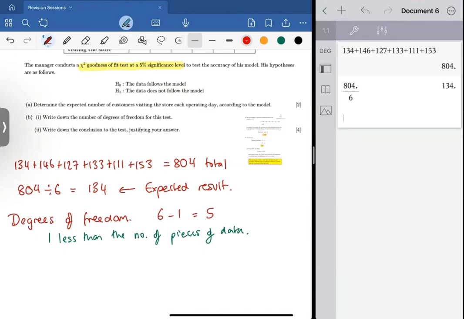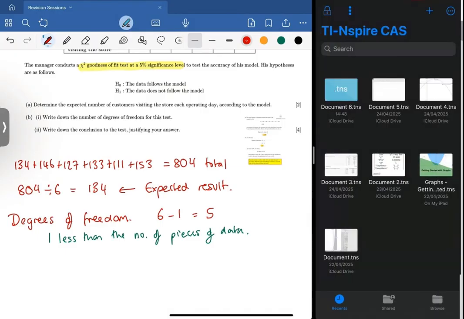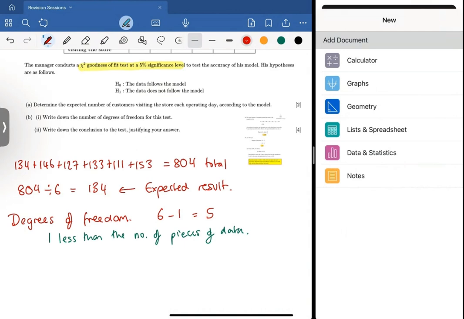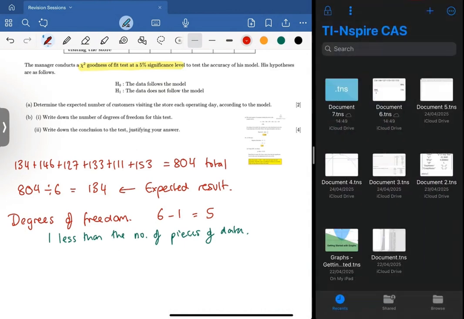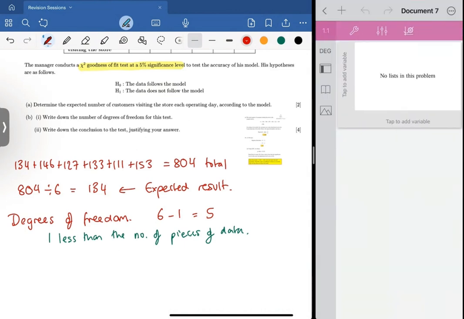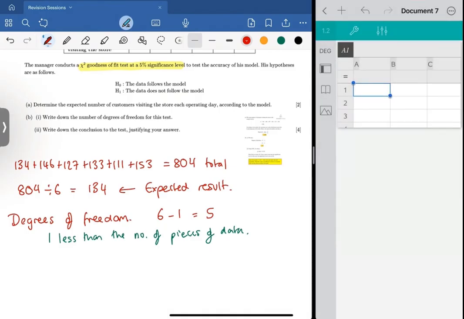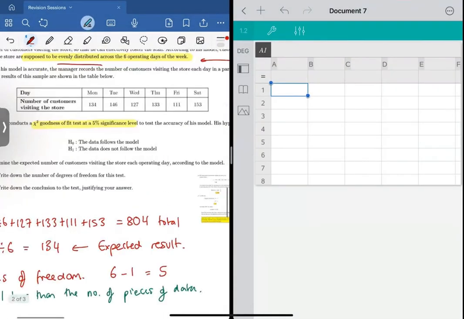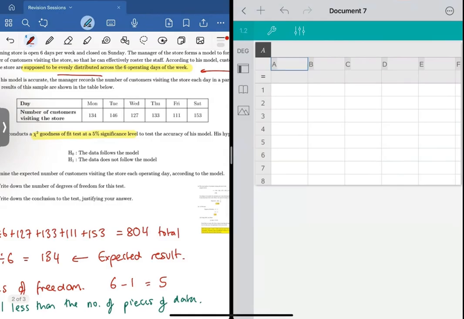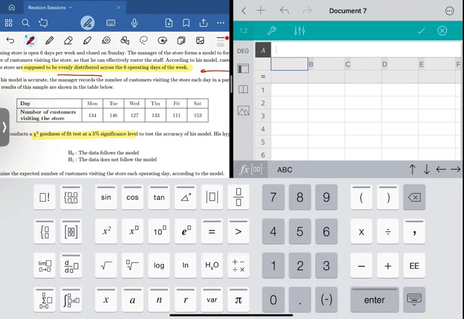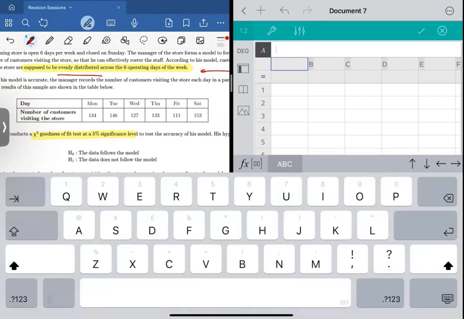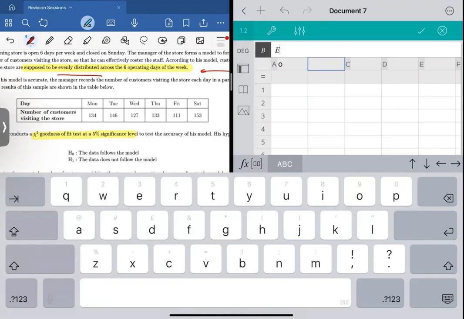So for all of these questions, I am actually going to start a new document now because my calculator is getting a bit full. And we need to add in a list and spreadsheets. So what we want here is observed versus expected, and observed always goes first. I'm going to give this a name of observed and expected.